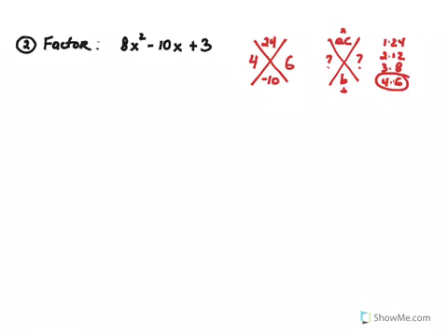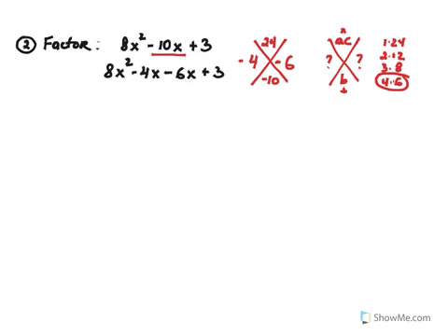However, notice I need to make sure that the signs also are observed. And since I need to have a positive product but a negative sum, both of these numbers have to get negative signs. Now I will be using negative 4 and negative 6 to rewrite the middle term, negative 10x, into parts.